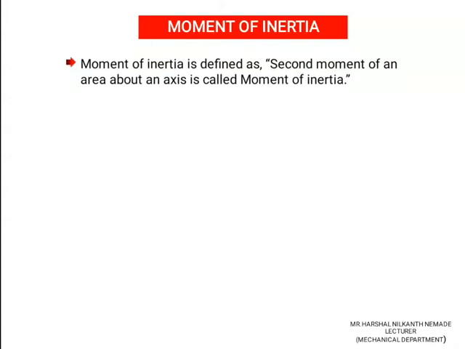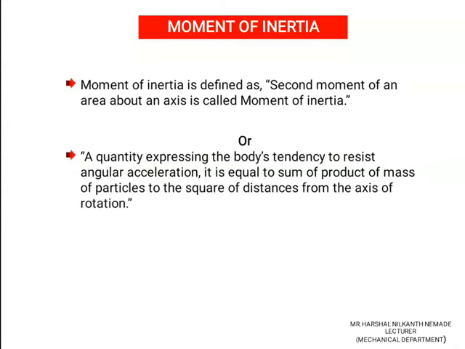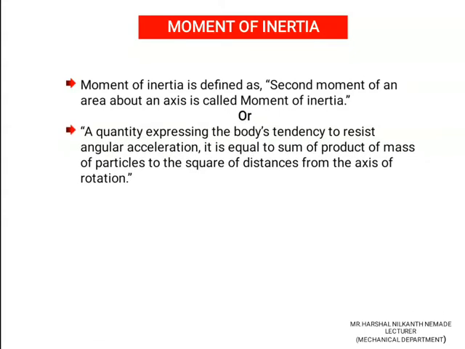Moment of inertia. Moment of inertia is defined as the second moment of an area about an axis, or a quantity expressing the body's tendency to resist angular acceleration. It is equal to the sum of the product of the mass of particles and the square of the distance from the axis of rotation.